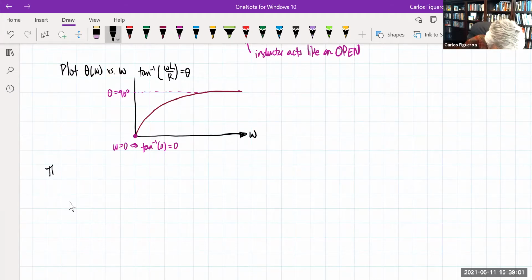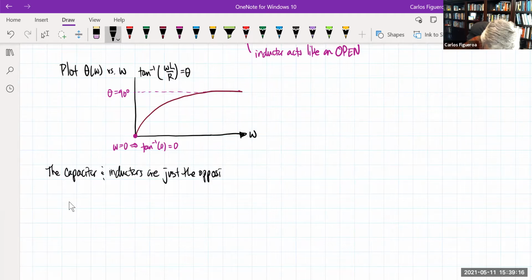So the capacitor and inductors are just the opposite of each other. So we can somewhat guess at the solution.